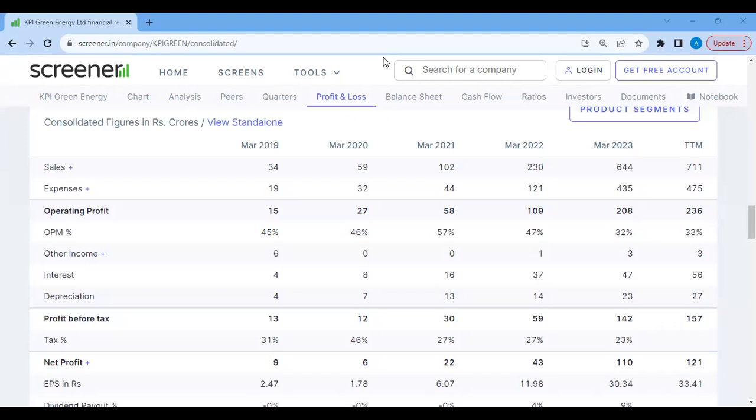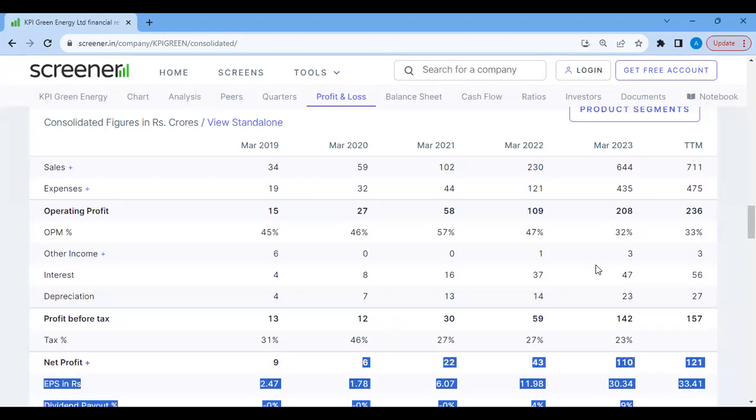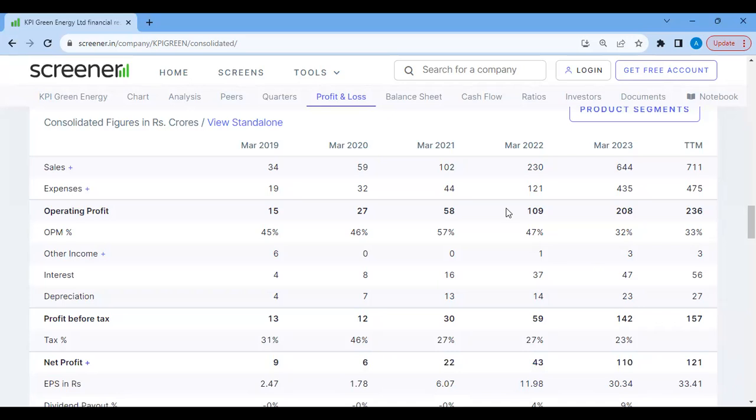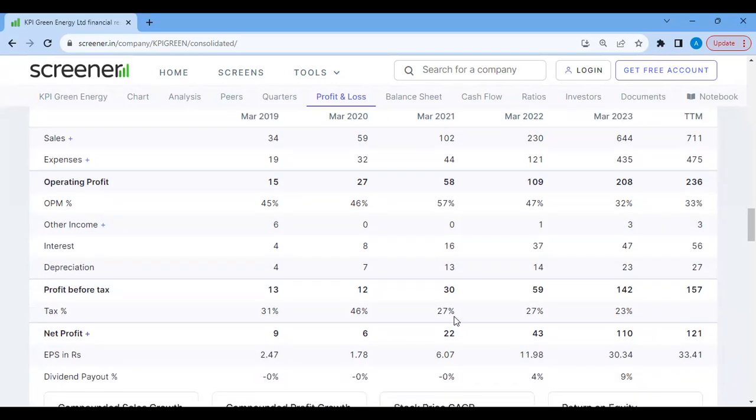Right? Now tell me, is this company doing its job properly? Yes or no? Is this company doing its job properly? Yes or no? Yes, this company is doing its job properly. Is there anyone who feels that this company is not doing its job properly?